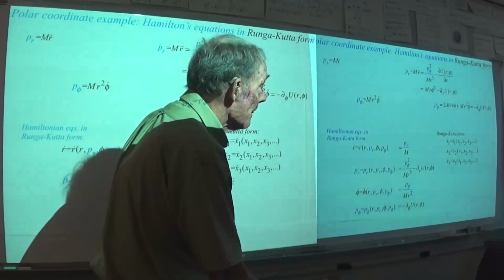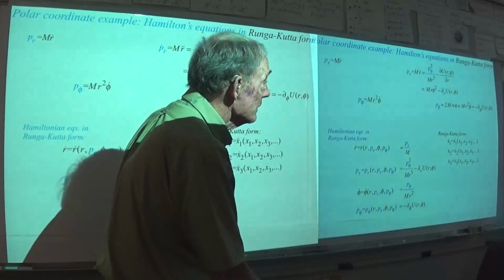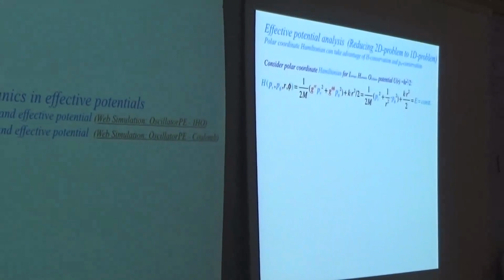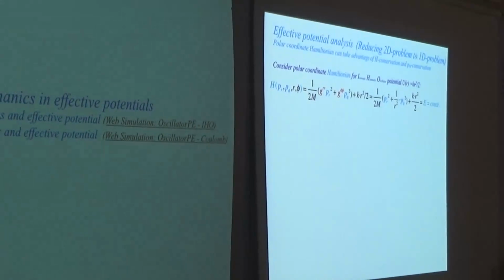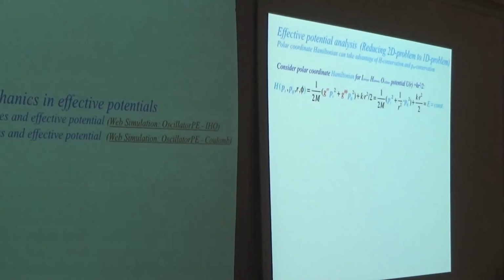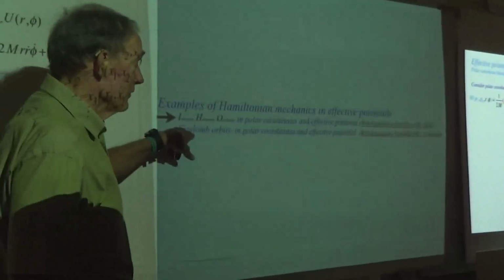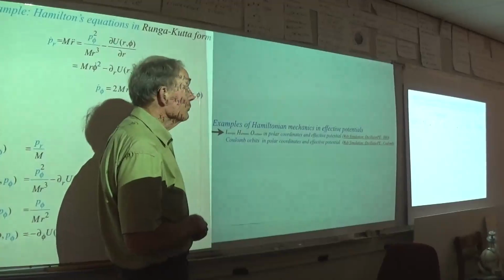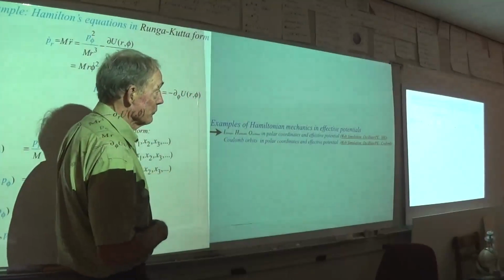Okay, now something else. This is where Hamilton shines. This is where it really makes a big difference, and this is where we'll see the simulations that go with it. Both for the oscillator, that's inside Earth, inside sophomore physics Earth, and while we're at it, we'll do the outside orbits as well.